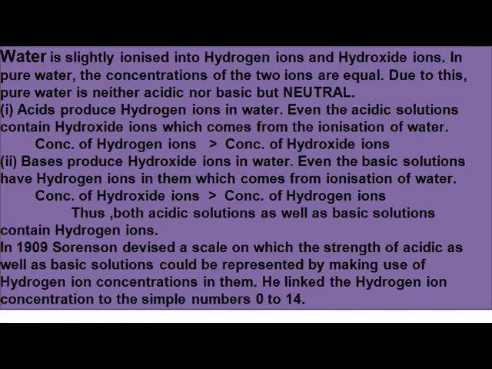But the acidic solutions contain hydroxide ions also, which come from the ionization of water. In total, we can say that the concentration of hydrogen ions on adding acids in water increases, whereas the concentration of hydroxide ions remains the same.